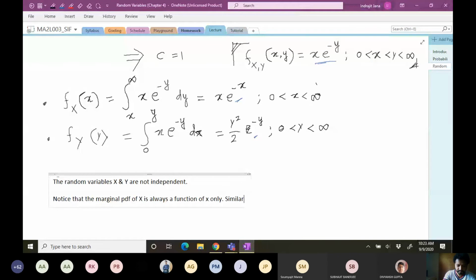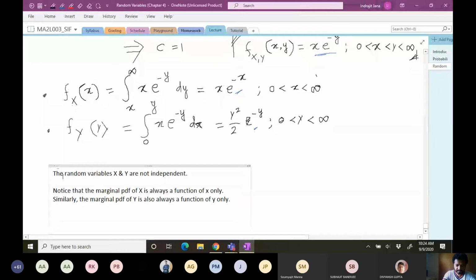Similarly, the marginal PDF of y is also always a function of y only, because once you integrate out the other random variable, it is not going to come into the picture, so you only get x or y.